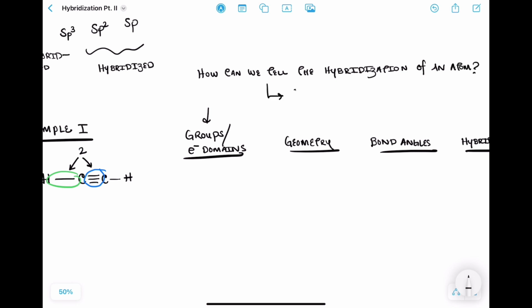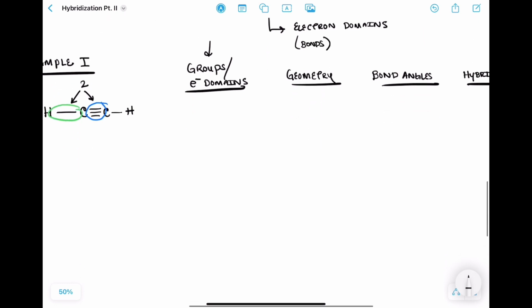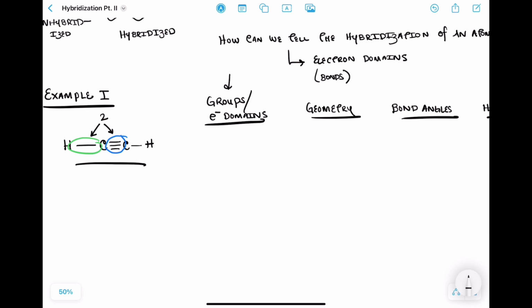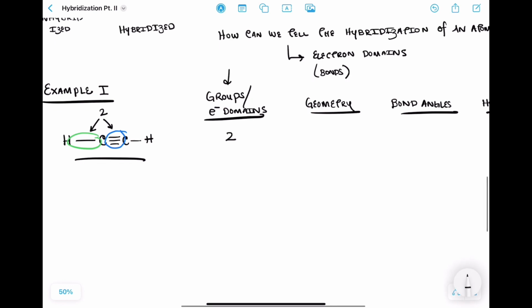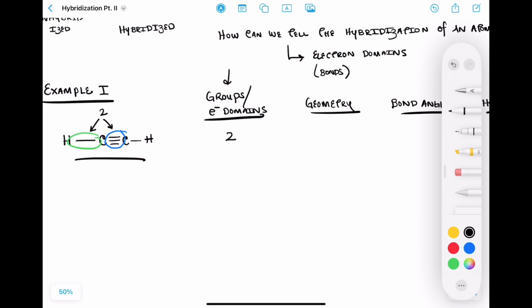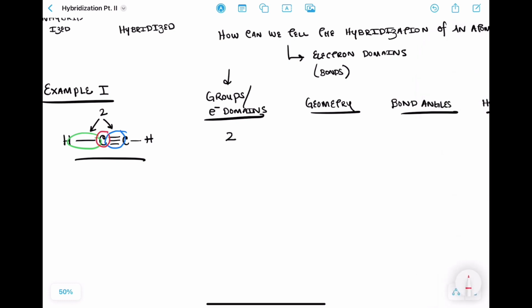We do that through electron domains. We can even do that through bonds. I'll explain what that means in a second. So when we look at this example, we see 2 electron domains, 2 groups around the carbon in question. Let me identify the carbon in question by putting it in red. So this is the carbon that we're talking about. It has 2 electron domains.